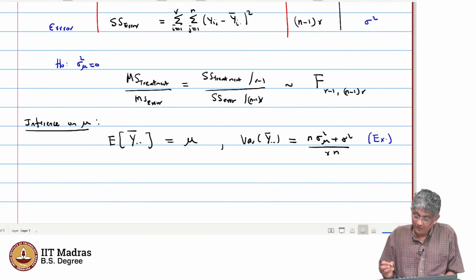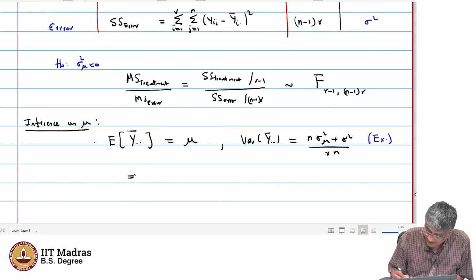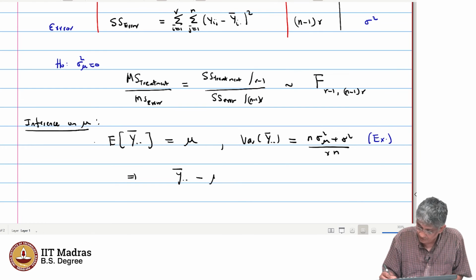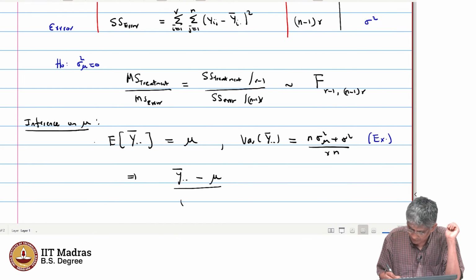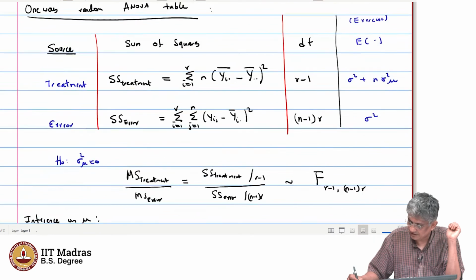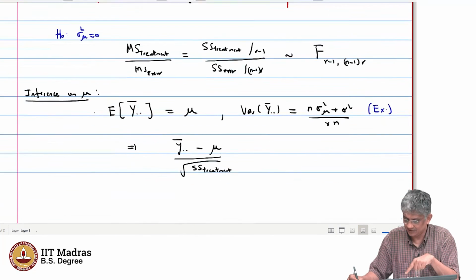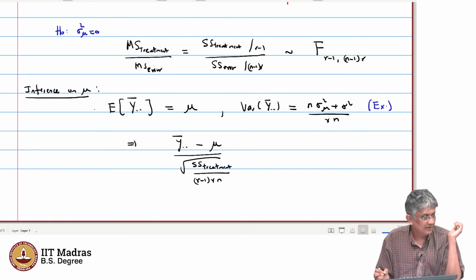Right? So once you have this, and because of the normality assumptions on the model, we know that if I take y bar dot dot minus mu, and divide by the square root of this variance, since I don't know the variance, I'll estimate it using the sum of squares treatment, because that's the mean of the SS treatment, divided by r minus 1 times r times n.